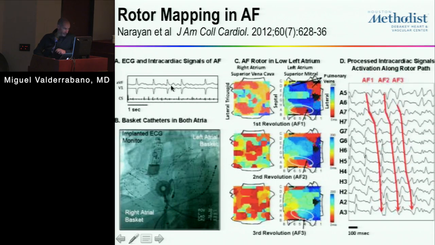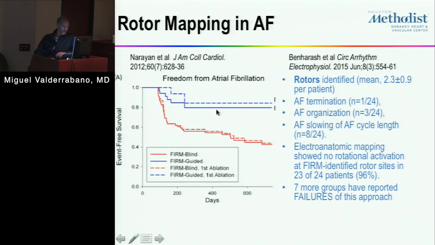This is the kind of signal that we all see, and then he gets 64 times 2 signals, and he's able to process the data in a way that shows, according to him and in his patients, rotational activity that is stable. And not only that, he claimed that if he ablates guided by this map, he doubles the success of ablation.